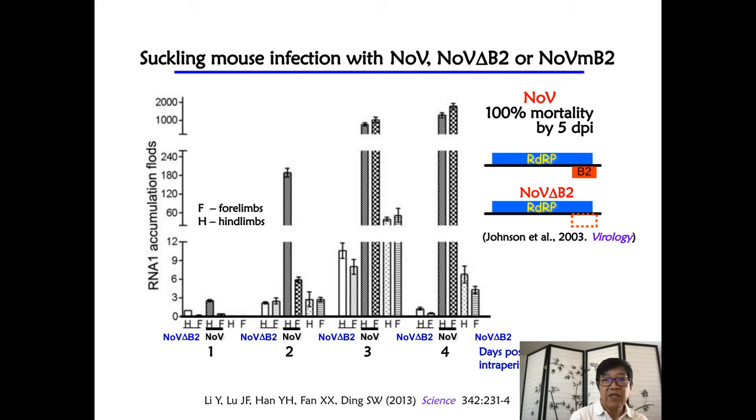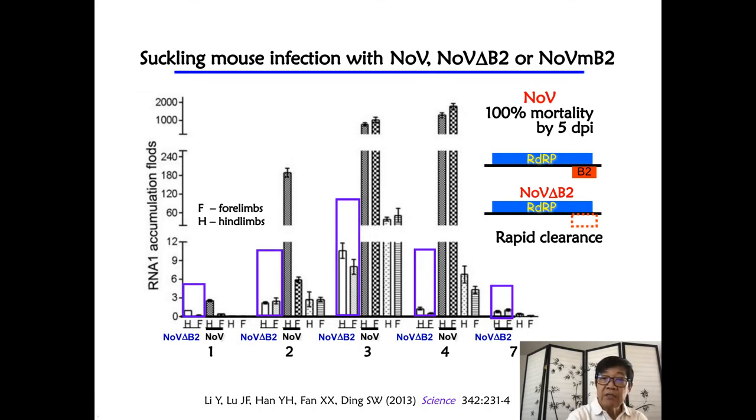So these 3 nucleotide mutations prevent translation of B2, but have no additional effect on the protein of the RdRP.